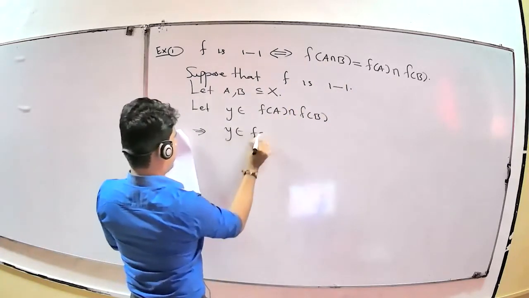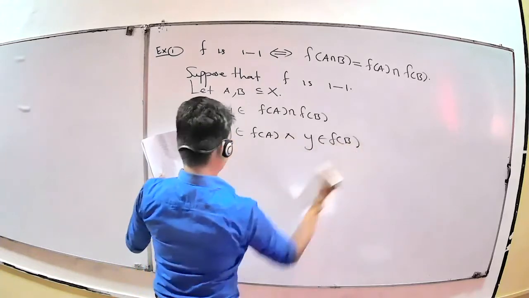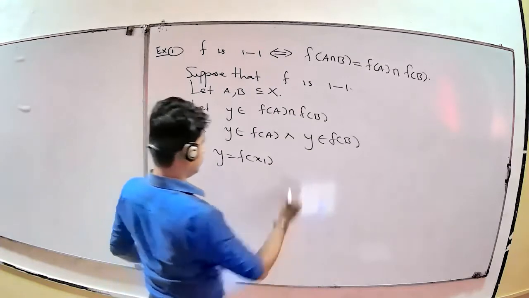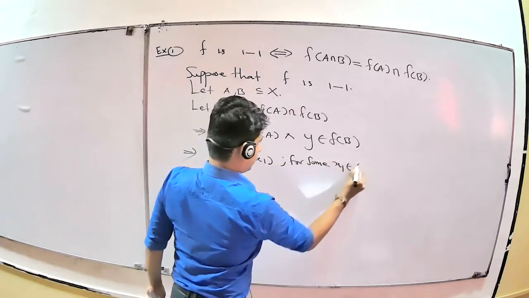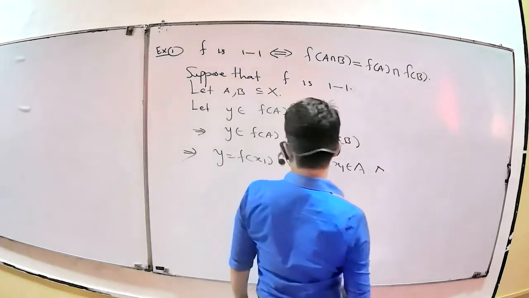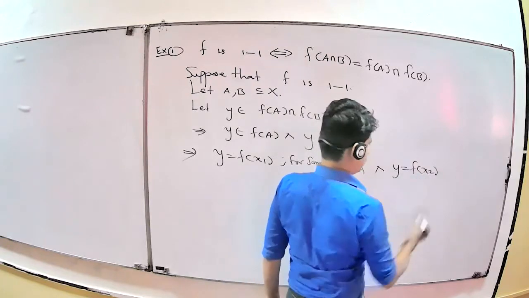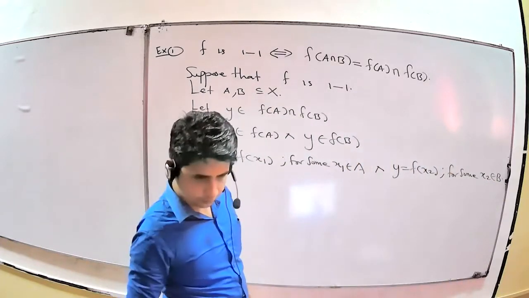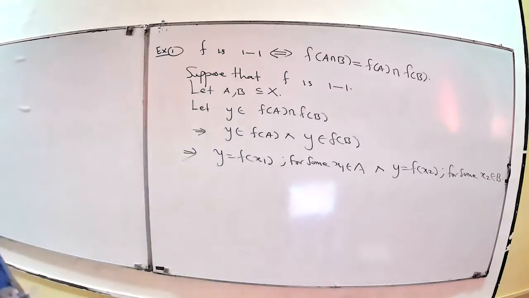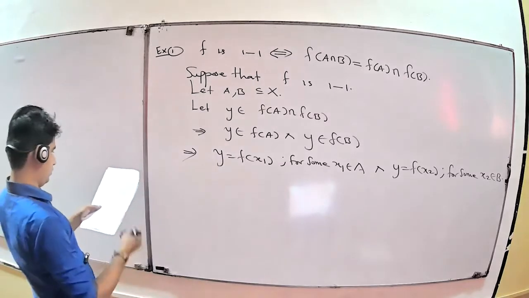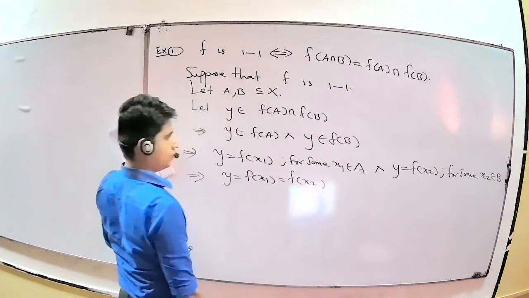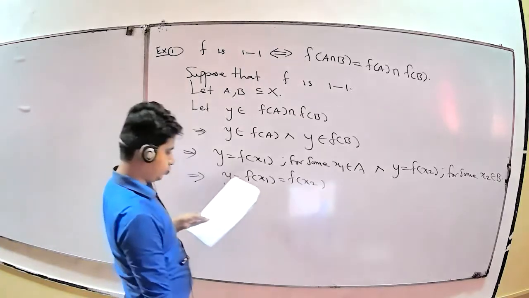So y belongs to f of A and y belongs to f of B. Y belonging to f of A means y equals f of x1 for some x1 belonging to A, and y equals f of x2 for some x2 belonging to B. Now you have y equals f of x1 equals f of x2, with x1 belonging to A and x2 belonging to B.